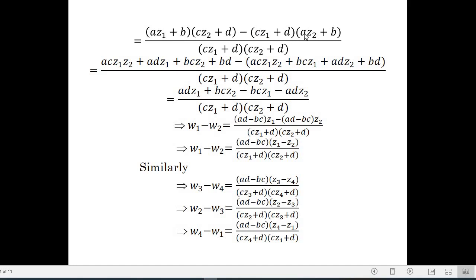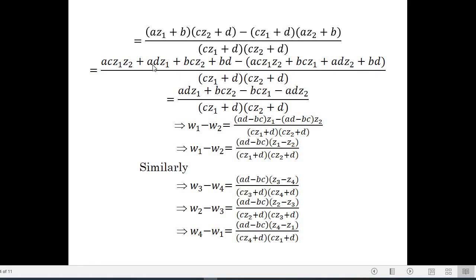First multiply these two factors: CZ1 into AZ2 is ACZ1Z2, plus CZ1 into B is BCZ1, plus D into AZ2 is ADZ2, plus D into B is BD.